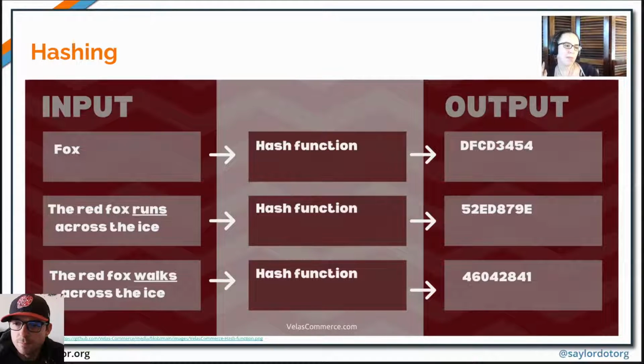But maybe they also already have the original information that went into creating that hash. So if they knew what hashing algorithm you used, they could take that message, run it through the algorithm, and see that the hash matches that message, so we can know that the message wasn't tampered with.